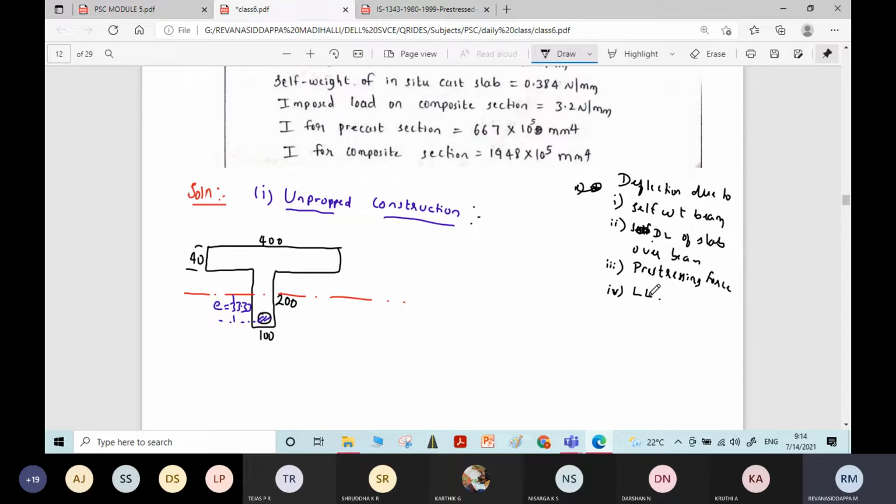In the same fashion, to calculate the deflection, we first calculate deflection due to self-weight of the beam, deflection due to dead load of slab over the beam, deflection due to pre-stressing force, and deflection due to live load on the composite beam. Adding all together, you will get the total deflection of the composite beam. Okay, this is the procedure we have to follow. Now we will find the deflection one by one.